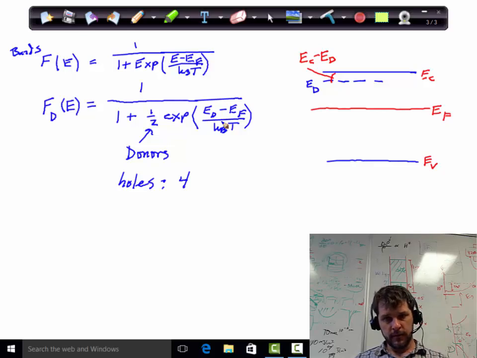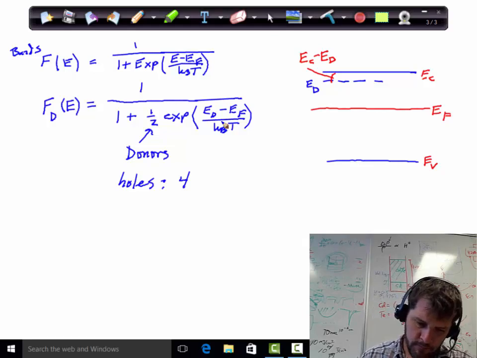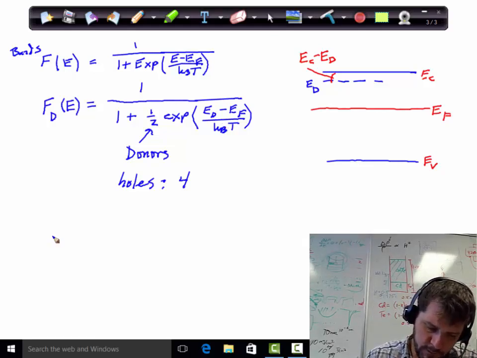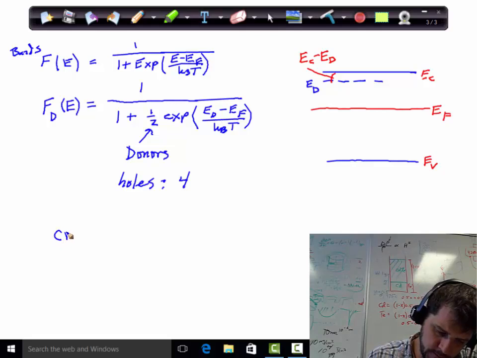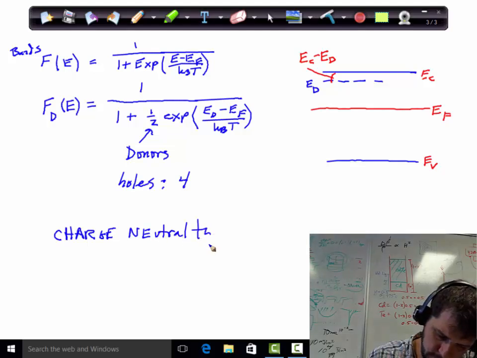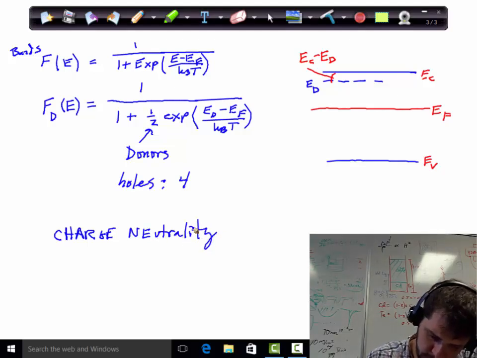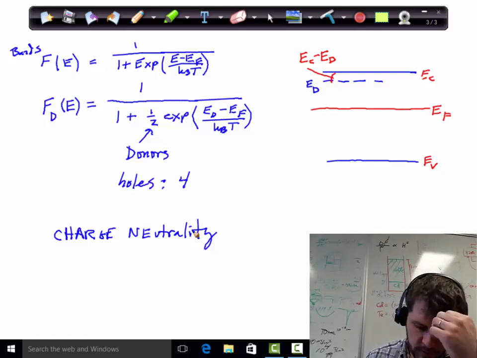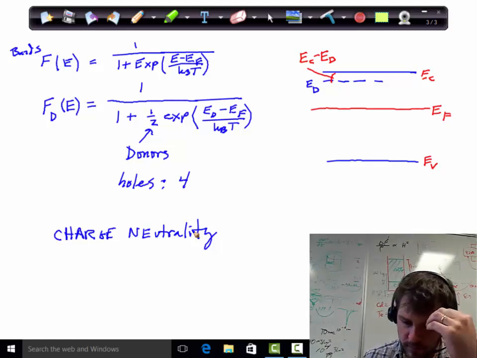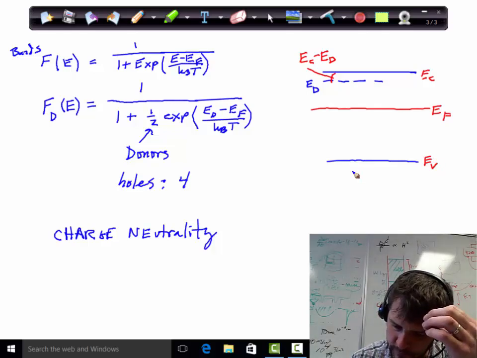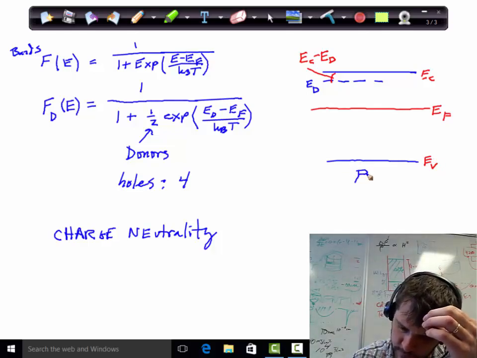Okay, so in order to figure out what happens in the semiconductor as a function of temperature, we need to go back to our basic equation, the charge balance, or charge neutrality. And we want to think about all the different types of carriers. So there's going to be some holes in the valence band.